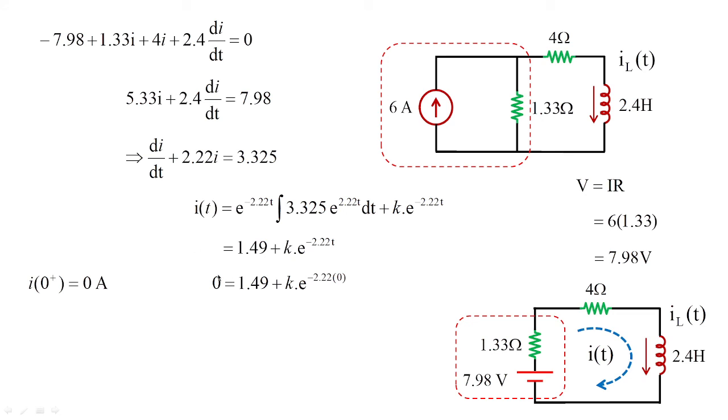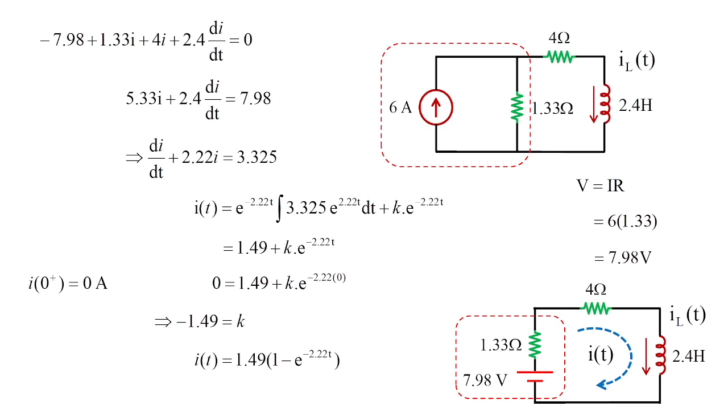So 0 equals 1.49 plus k times e to the power of minus 2.22 times 0. Hence the value of k will be minus 1.49, and substituting that in this equation, I of t equals 1.49 times 1 minus e to the power of minus 2.22t.